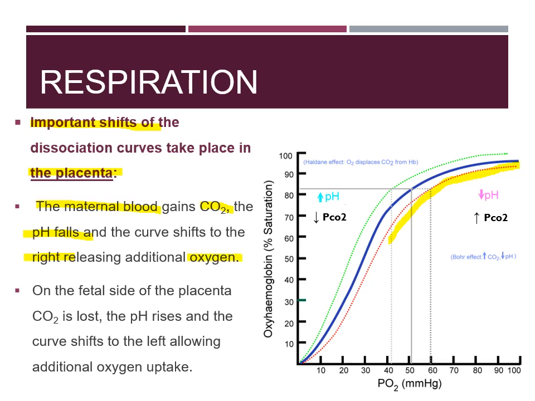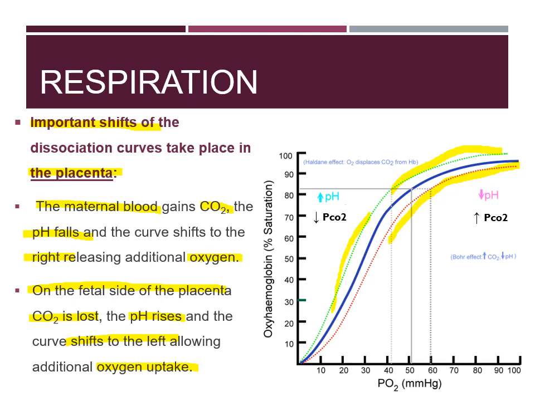However, on the fetal side of the placenta, carbon dioxide is going to be lost because it will diffuse from the fetal into the maternal blood. So that will raise the pH in the fetal circulation, and this will cause the dissociation curve to shift to the left. As you can see here, the green curve in the fetal will shift to the left, and that will allow more oxygen combination with fetal hemoglobin.